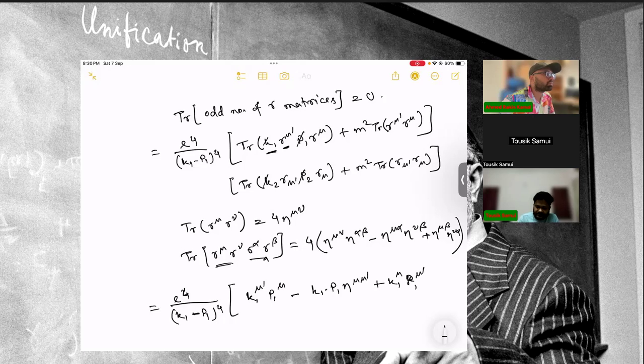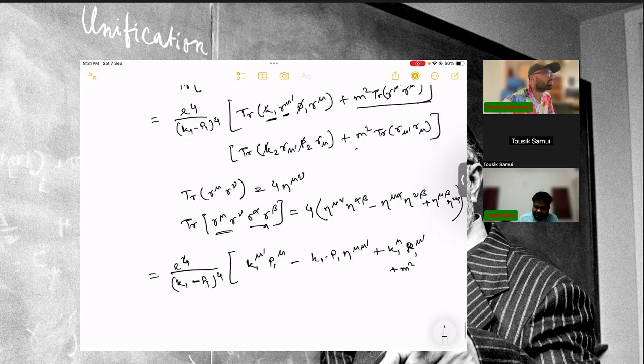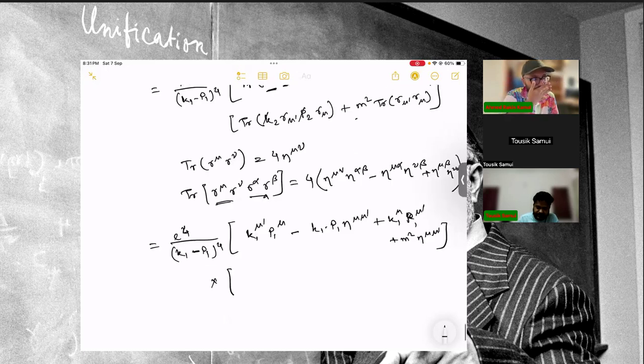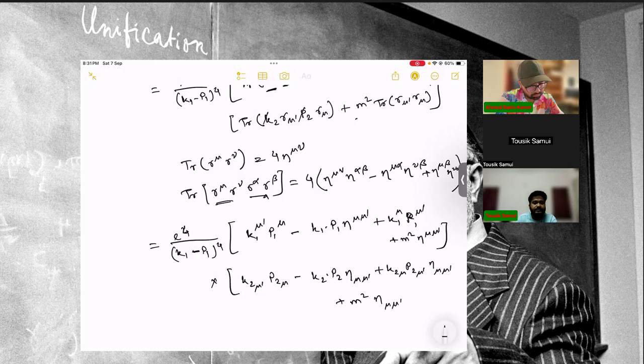And then from the second trace is m squared minus eta mu prime mu times K2 mu prime K2 dot K2, okay.